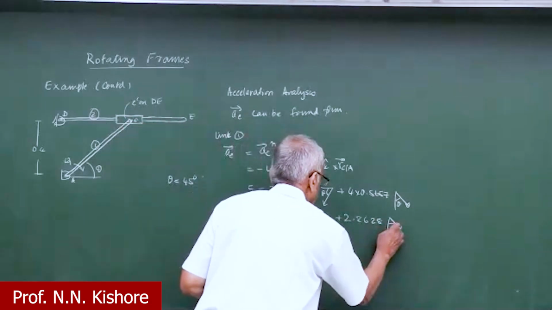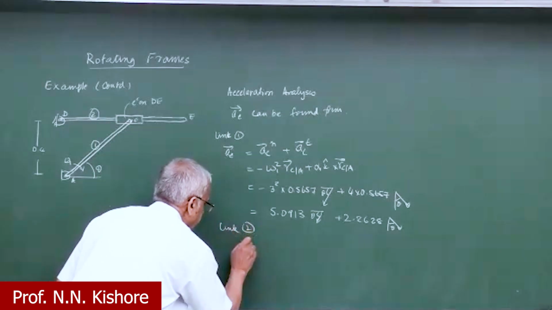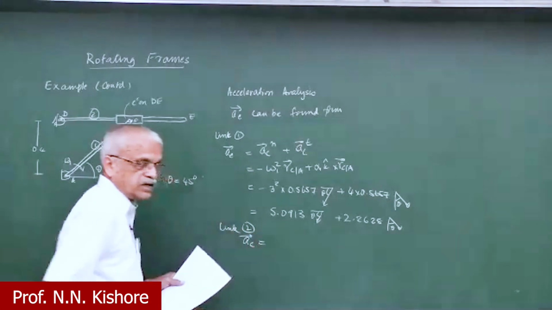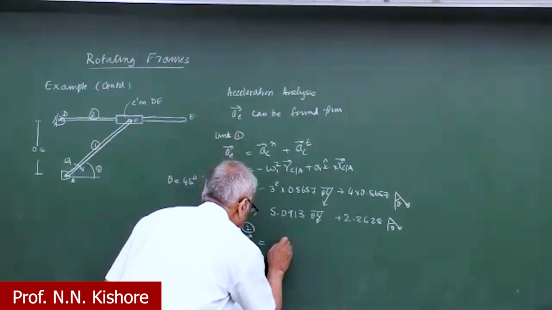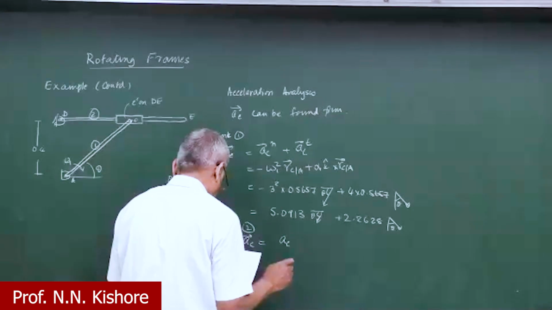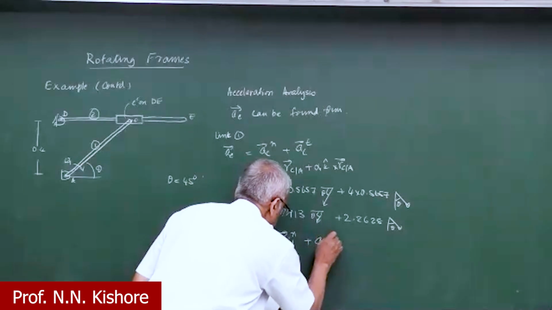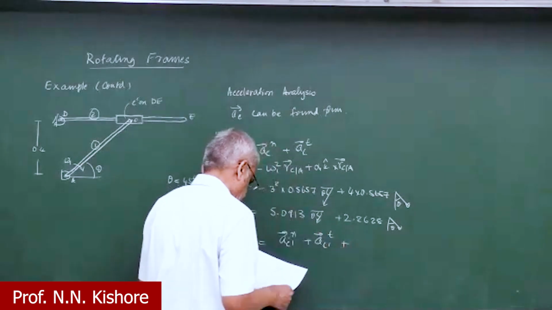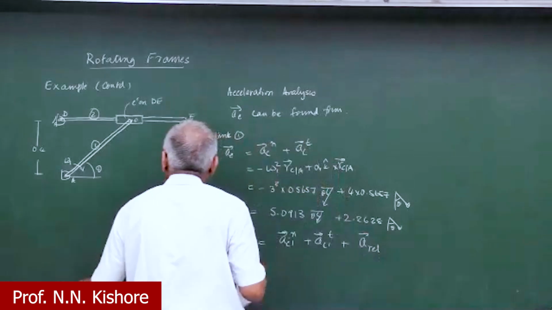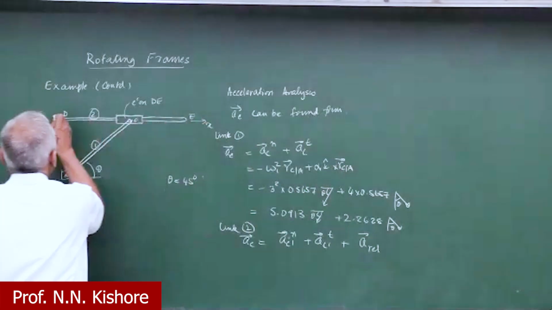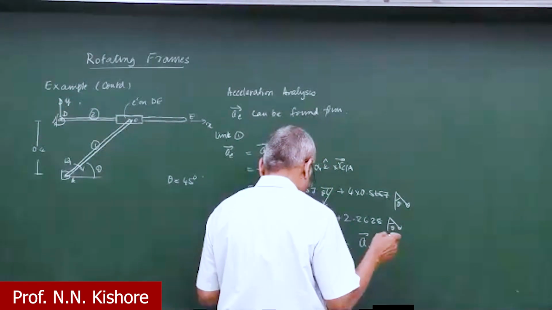So it is C prime, the normal component, the tangential component, and we write it as relative acceleration, and one more is the Coriolis. So these are the 3 components.